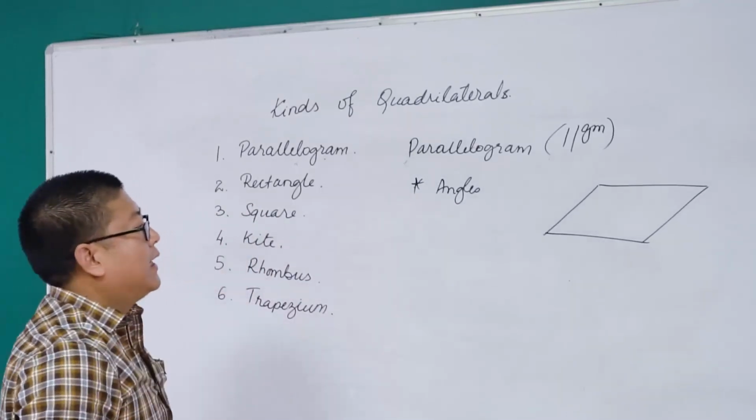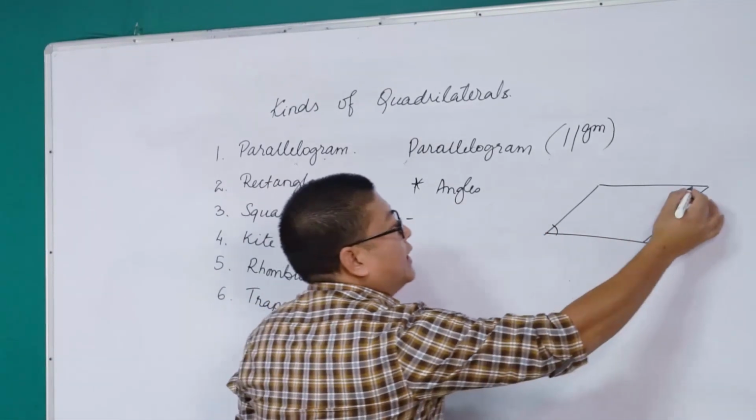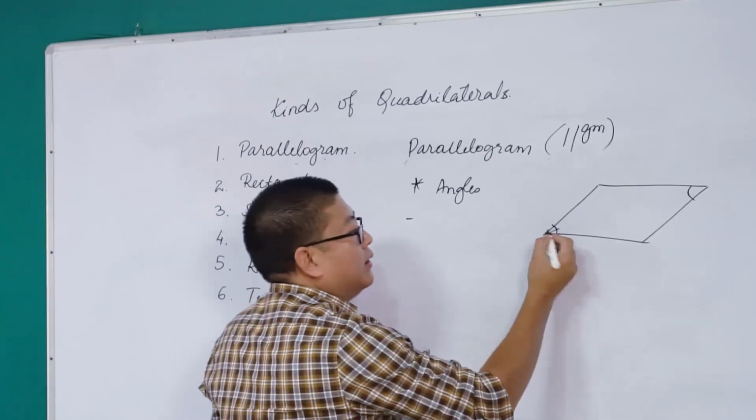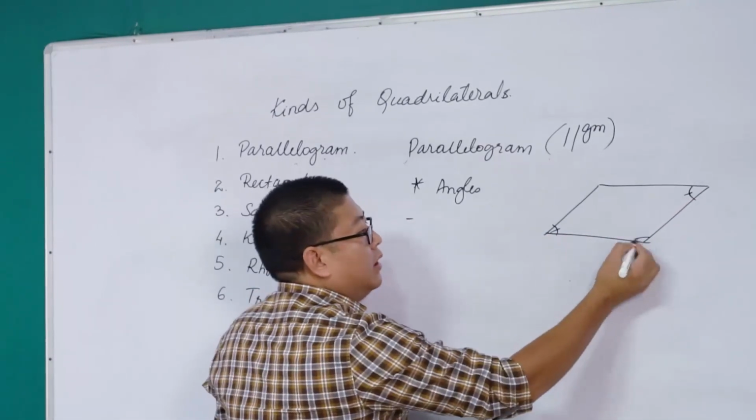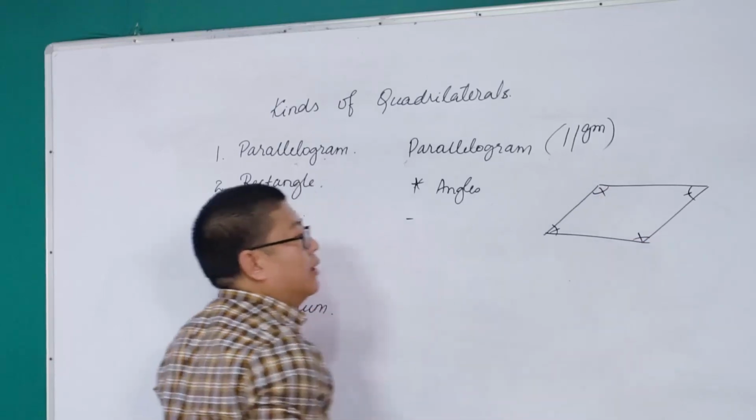When we talk about its angles, its opposite angles are always equal. This angle and this angle will be equal. This angle and this angle will be equal.